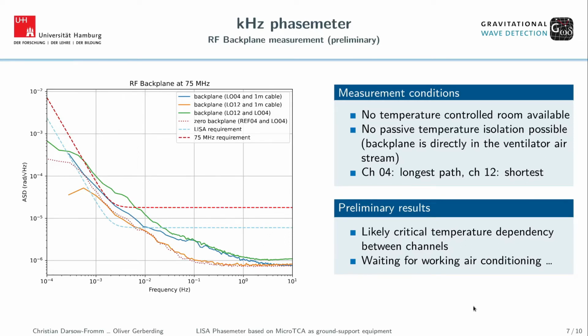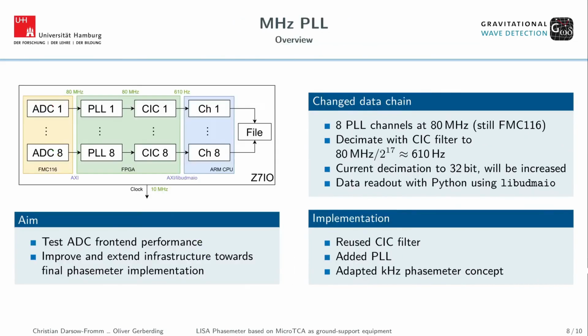And this RF backplane is directly in the airstream of the ventilators in the crate, so it's just not possible to do a passive temperature isolation in this position. So if it doesn't get good enough, we have to redesign the RF backplane to have equal line length.